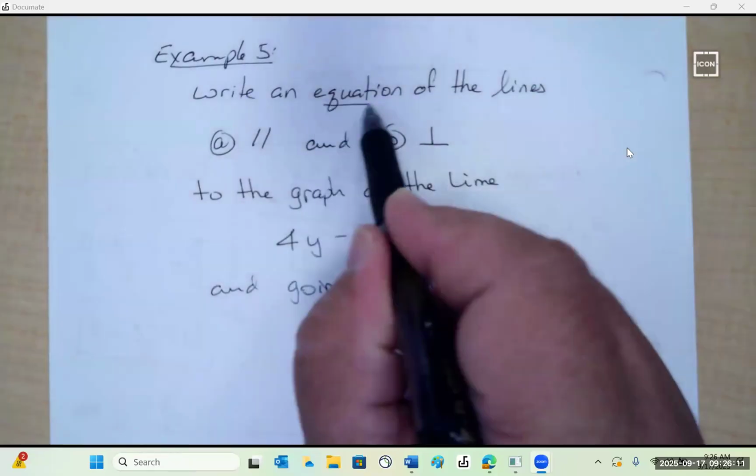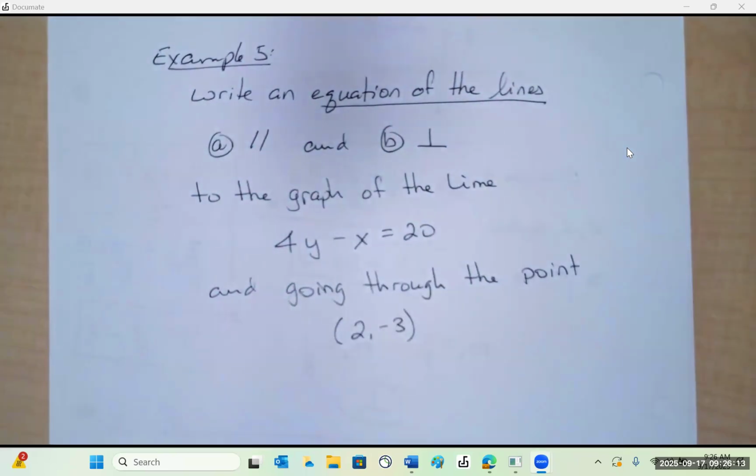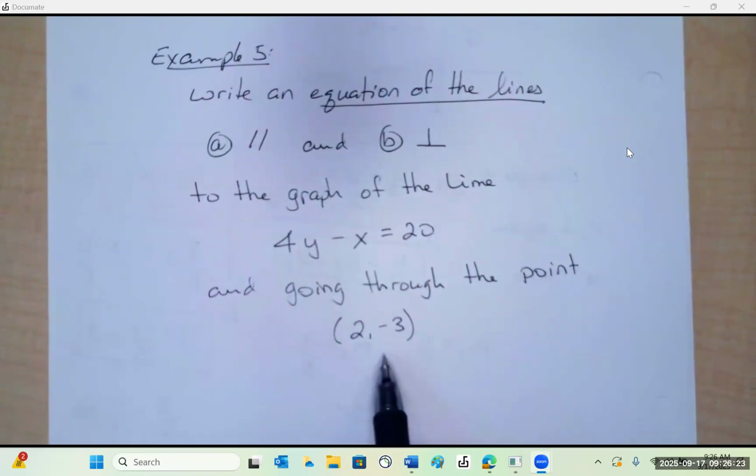We're looking for equations of lines. What do you need to find an equation of a line? You need a slope and a point. We have a point. Now we have to find the slope.